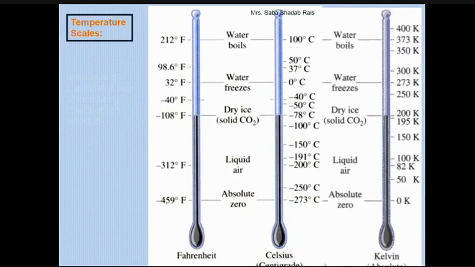If we convert the absolute zero into degrees Celsius, it is going to be minus 273.16 degrees Celsius, and in Fahrenheit a little more, that is minus 459.